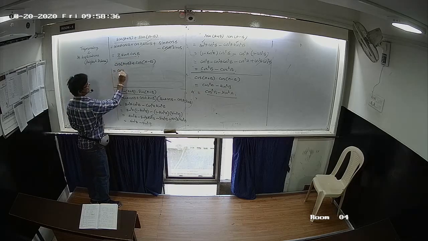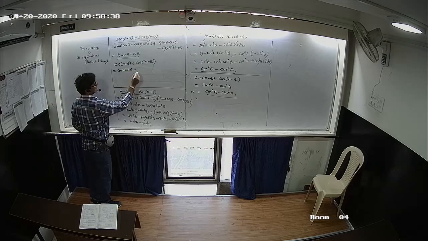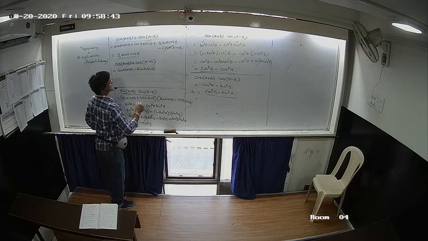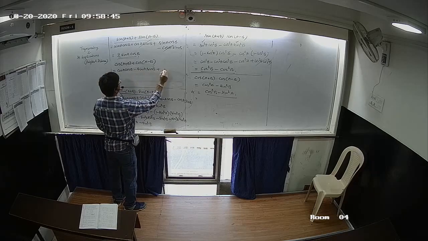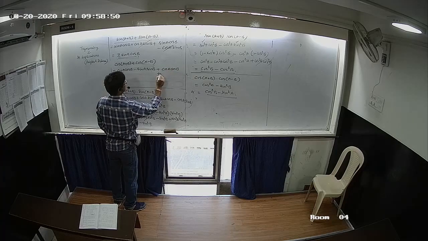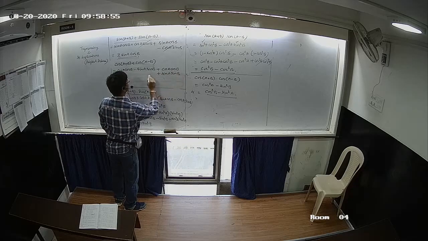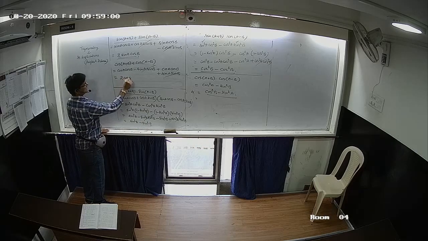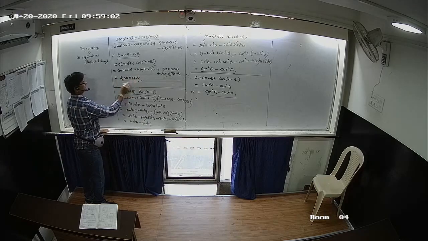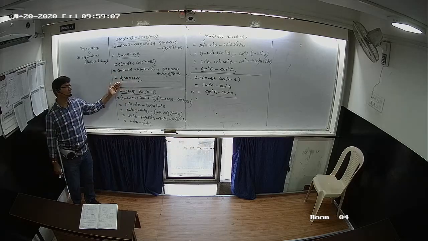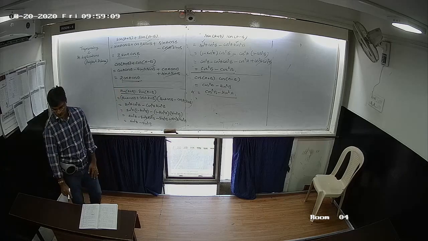This is equal to cos A cos B minus sin A sin B plus cos A cos B plus sin A sin B. So these two get cancelled and the result is 2 cos A cos B. So cos(A plus B) plus cos(A minus B) will be equal to 2 cos A cos B.